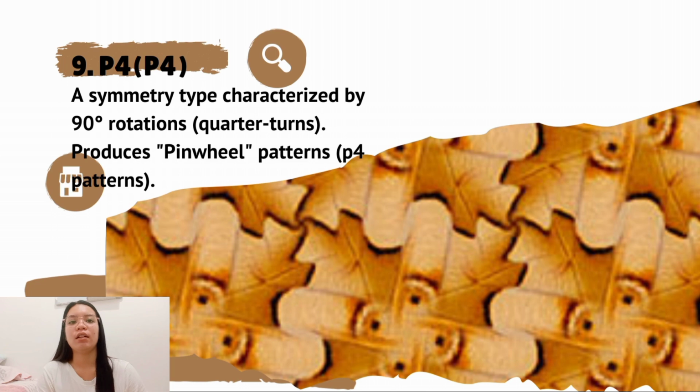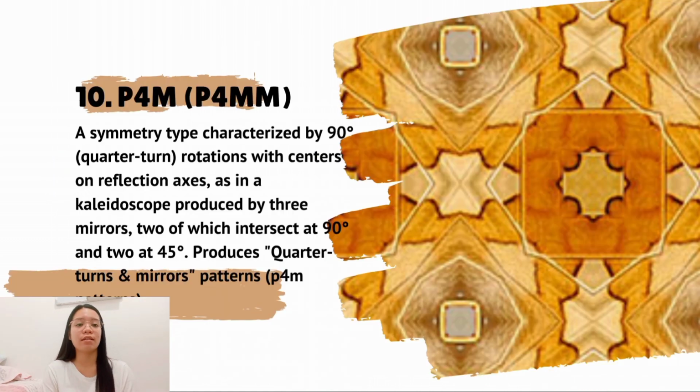The ninth example is P4, a symmetry type characterized by 90-degree rotations, or quarter turns, that produces pinwheel patterns. That is why it's called P4, because of the pinwheel patterns, and it's 90-degree rotational, so it could be rotated.